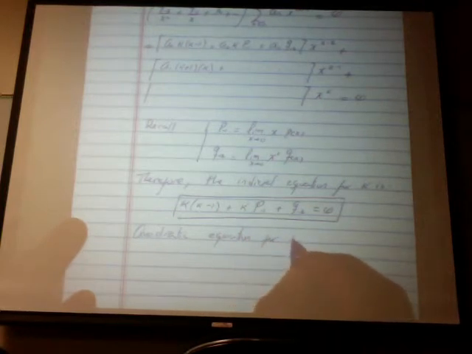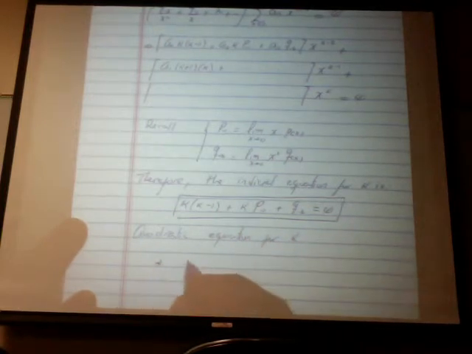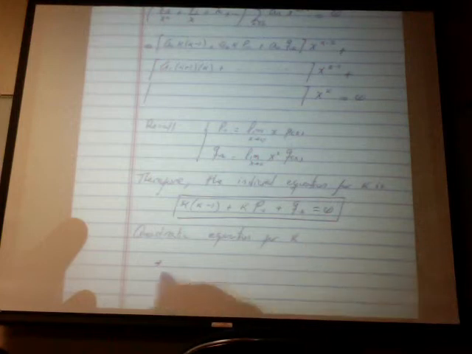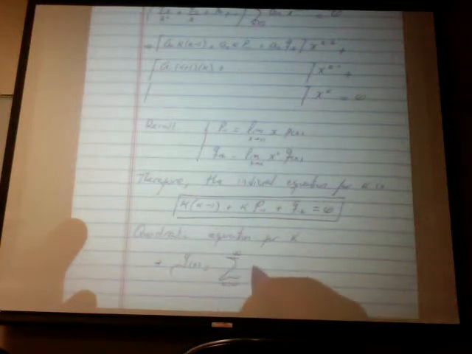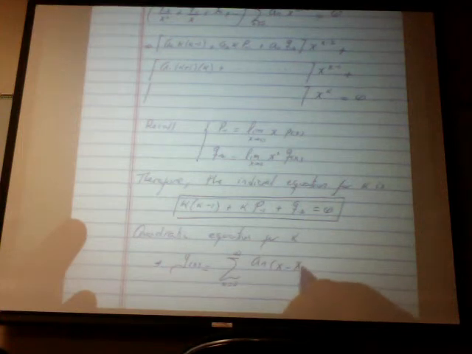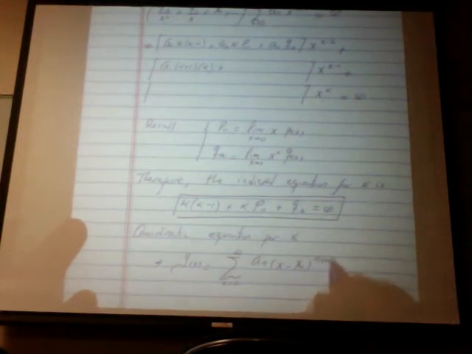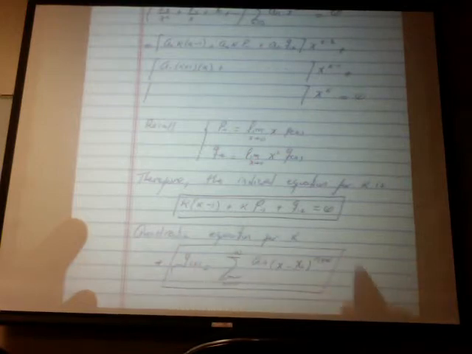And recall, once we have this, the solution is the summation from n equals 0 to infinity of a_n (x-x0)^(n+k).